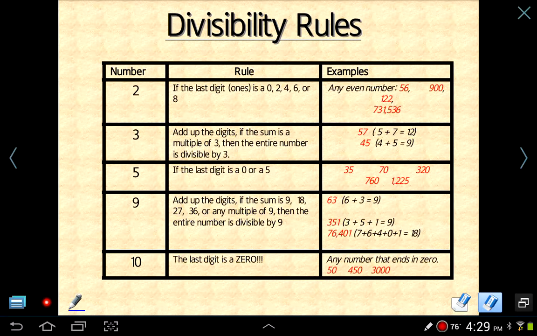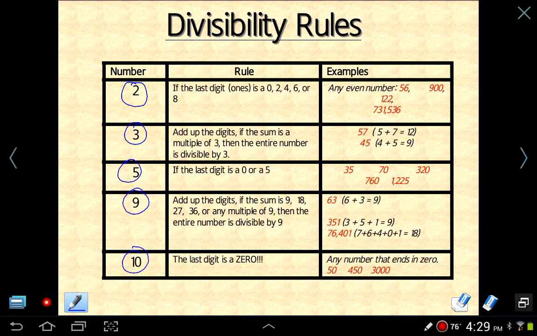So go ahead at this point right now, copy down these divisibility rules. You're going to want to pause the video, copy them all down. Do not go into the next slide until you have all this down. The rule for 2, the rule for 3, the rule for 5, 9, 10.